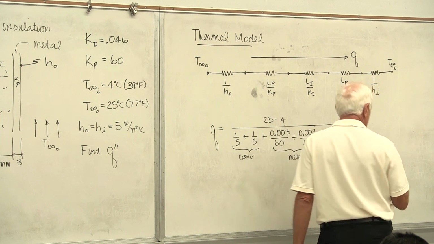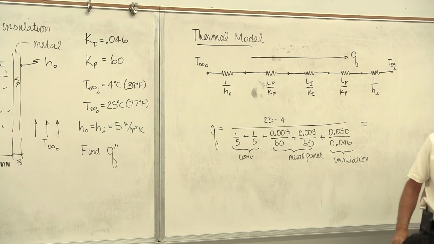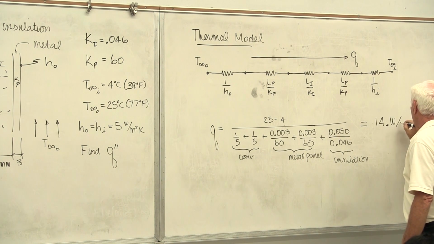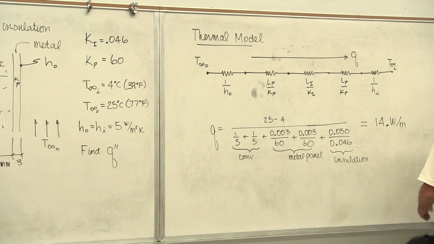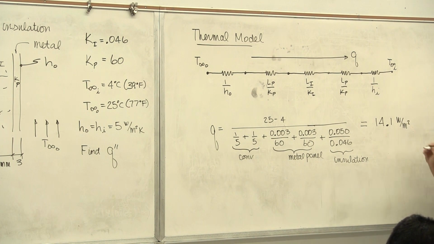When you do that, the answer comes out to be 14.1. So every square meter of the outside of the refrigerator is losing 14 watts. Multiply it by the surface area of the refrigerator, that's how much heat's coming into the refrigerator from the kitchen.